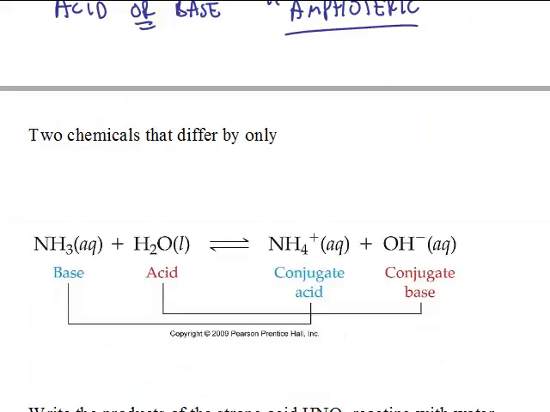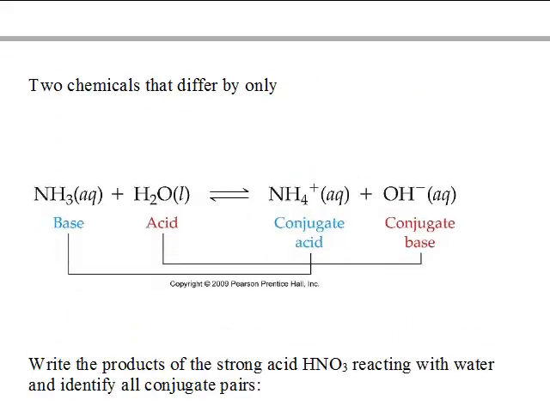When we wrote out these reactions, for example, with this ammonia reaction, notice that we have chemicals that are very similar to each other. NH3 turns into NH4+. The only difference between NH3 and NH4+ is one H+. In this case, the product side chemical has one more H+ than the reactant side.